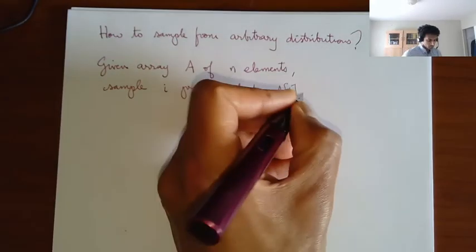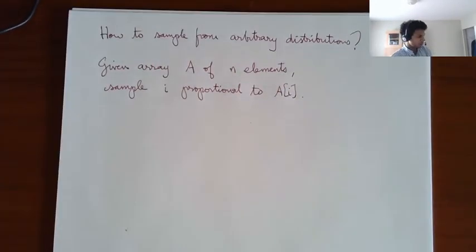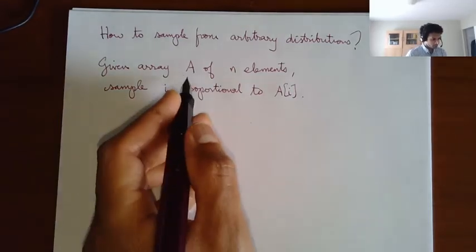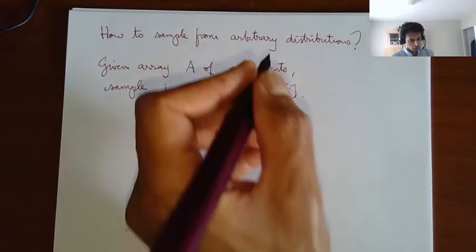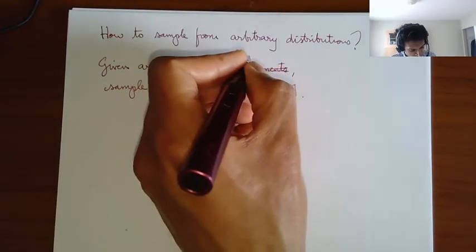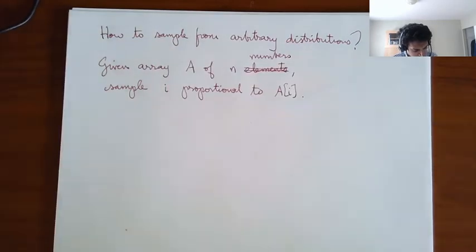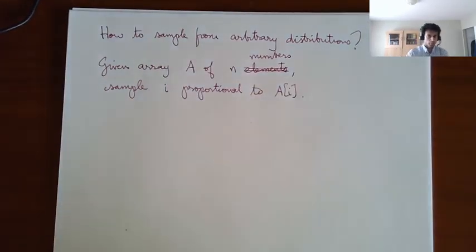This is the setup. I believe the question came up earlier: how do you represent a distribution? Well, I could represent a distribution as n numbers. Sample i proportional to A of i. So this is essentially the kind of question that pops up.